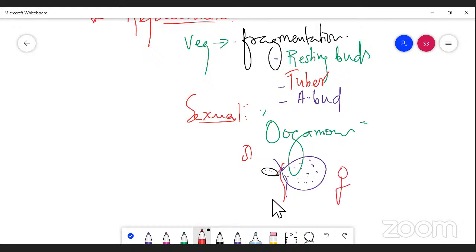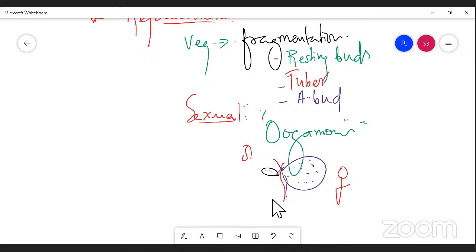By fusion of the male and female gametes to form a zygote, the zygote develops into a new organism. Such a method is called the oogamous type, because the male gamete is smaller in size and the female gamete is very large in size.